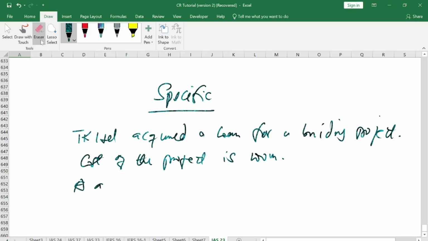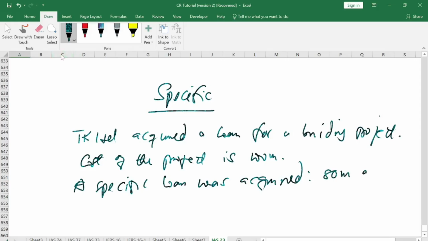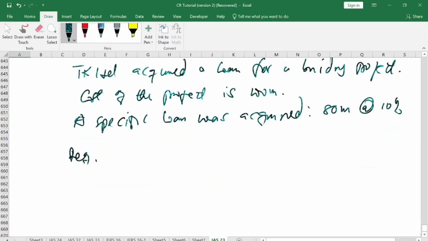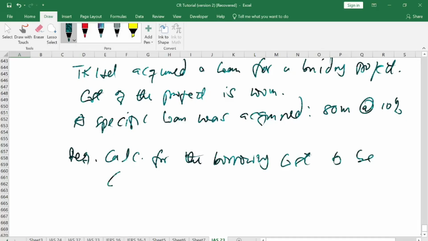A specific loan was acquired, which is 80 million at 10% required. Calculate the borrowing cost to be capitalized.